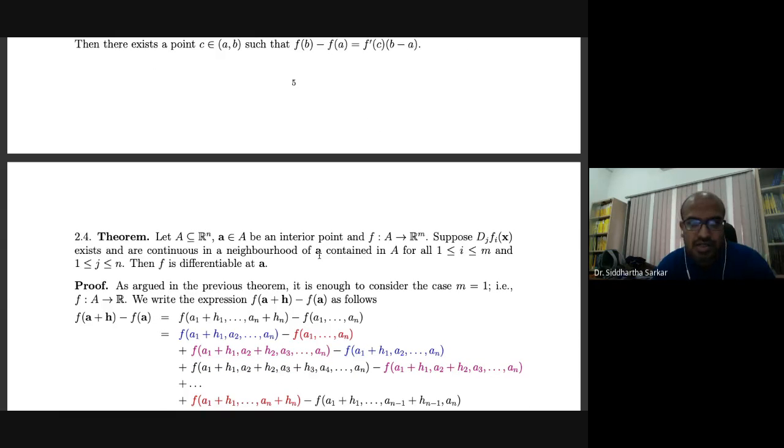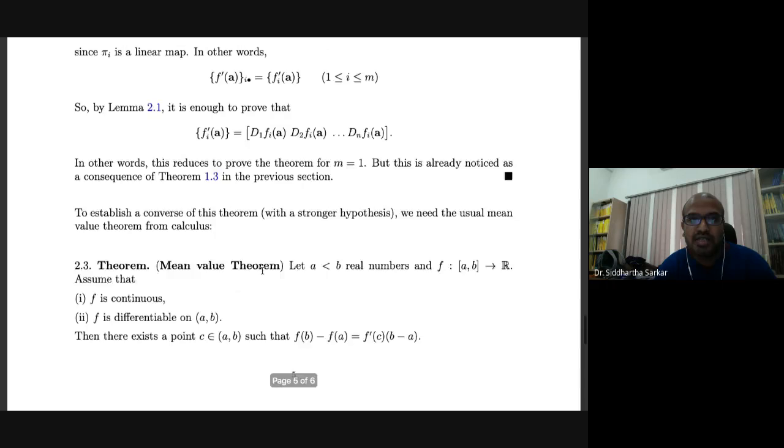So what should be the converse? It says that there can be some conditions on these partial derivatives so that the function is guaranteed to be differentiable at the point A. So I actually don't need to write down what the derivative would look like, because that is already guaranteed by the previous theorem.